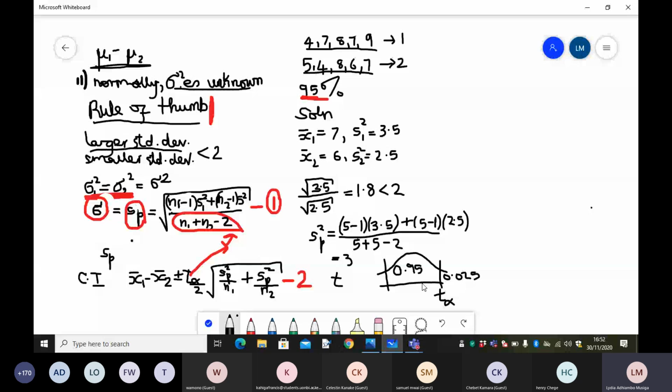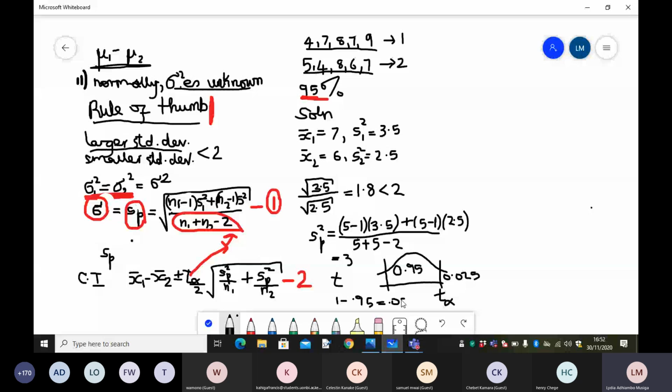First of all, we know that under the curve, whether it is normal distribution or T distribution, the area under the curve is 1. So if the middle area is 0.95, then 1 minus 0.95 is equal to 0.05.